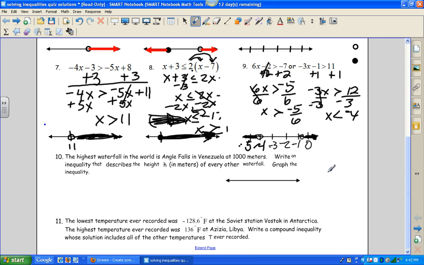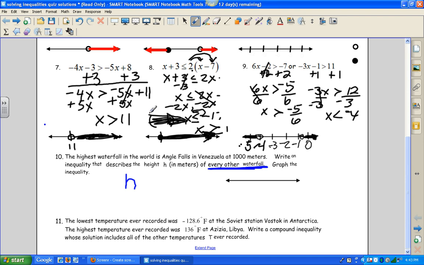So what are we saying here? We're saying that h is going to describe all of the other waterfalls other than the one in Venezuela that we're told about. We're given that it is the highest waterfall, and it is at 1,000 meters.